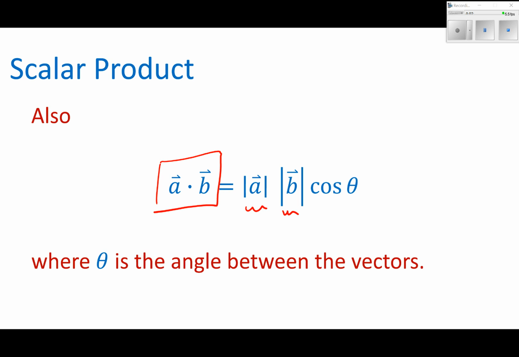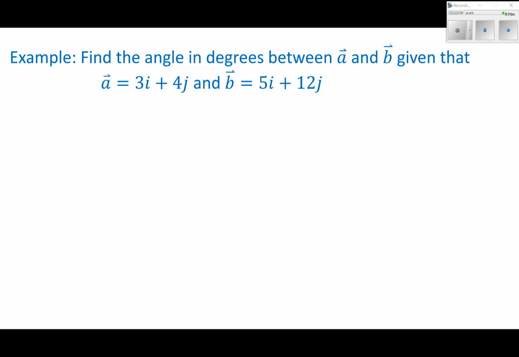So now we have a couple unknowns that we can move around to solve for potentially the angle, or if we're given an angle, we can find a magnitude. We can do all different things with it, but this relationship is that the dot product is the magnitudes multiplied together times cosine of the angle between those two vectors.